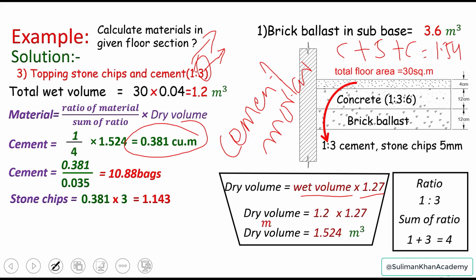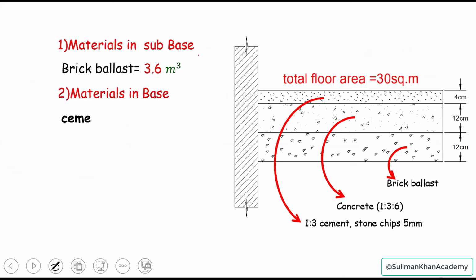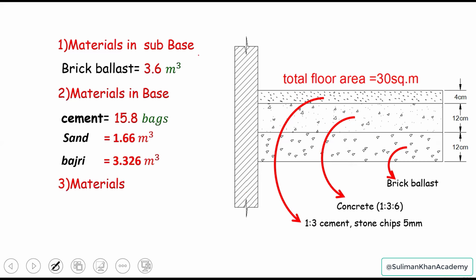This becomes 1.143 cubic meters. It means for the same floor of 30 square meters, we have different materials. For the brick ballast, we have cement, which is 15.8 bags, sand, and then the brick ballast. Very easy, okay? And in the topping, we have cement and, of course, stone chips.